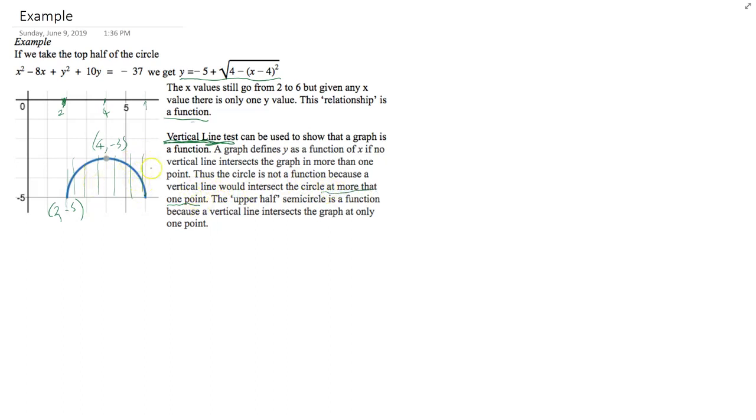And here you see that that is happening. So the vertical line test on the upper half semicircle crosses the upper half semicircle at only one point each time. So then the upper half semicircle is a function using the vertical line test.